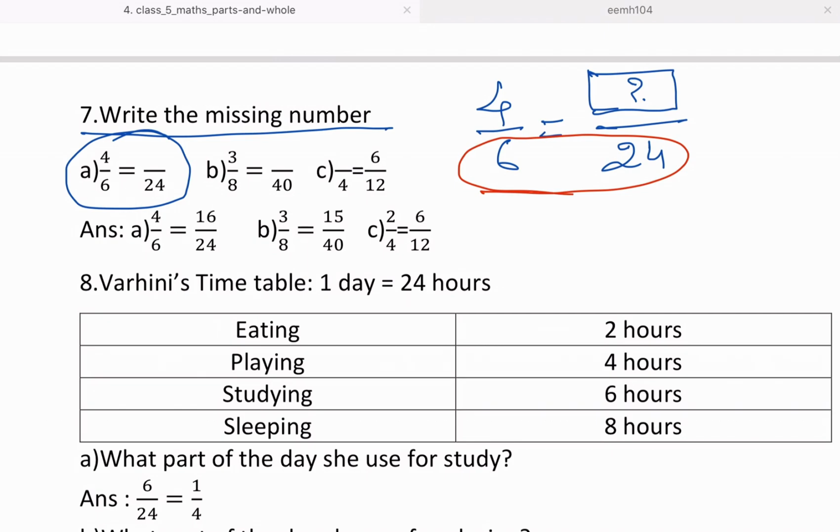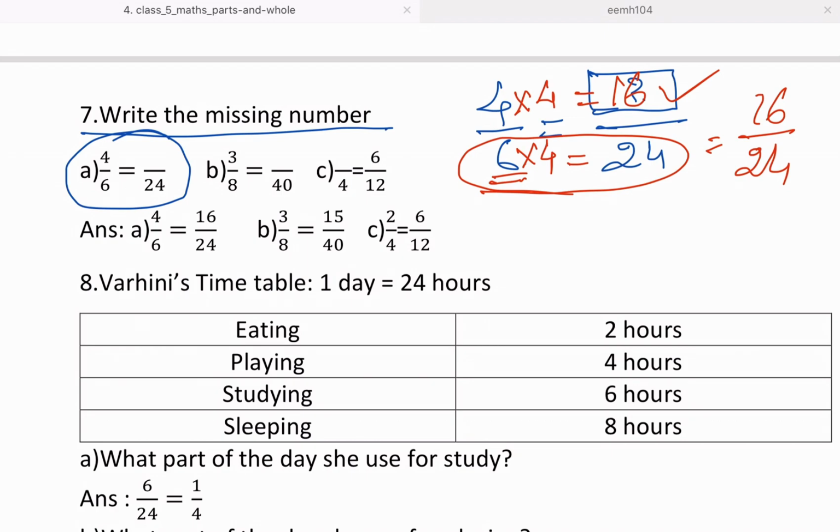It means by what 6 will be multiplied to get 24. 6 into 4 equals 24. Then you have to multiply 4 by 4 and it will give you 16. It means the required number is 16. This will be 16 by 24.